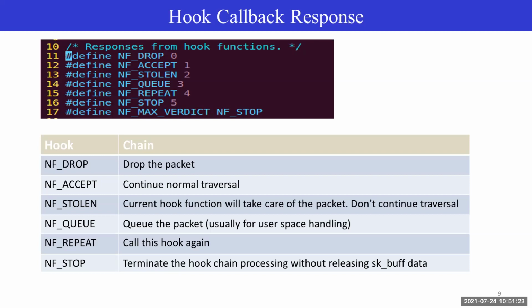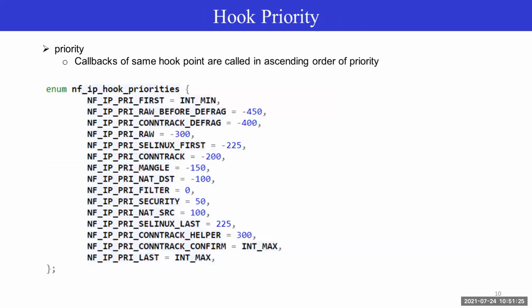And this is about the priority. As I have said already, the callback functions are getting called in the ascending order of the priority. This is the enumeration of the priority values. The first is NF_IP_PRI_FIRST, so that is the highest priority.